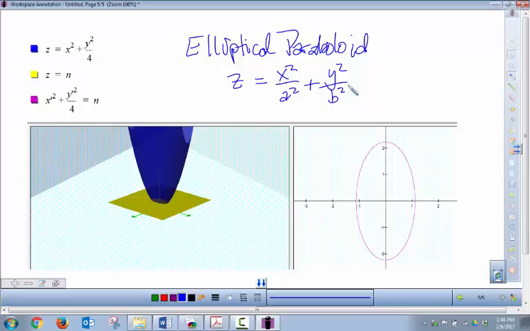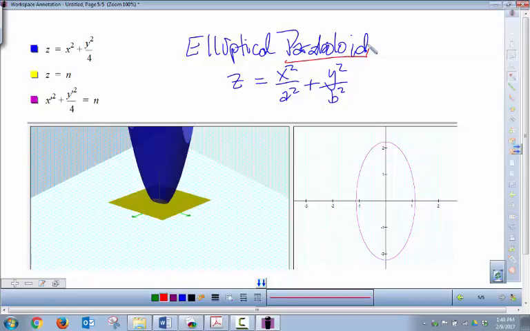Yeah? Are the elliptical paraboloids, hyperboloids, and ellipsoids synonymous with each other? Similar attributes? Yeah, well, similar. So the actual noun, let's do some grammar here. The actual noun is a paraboloid.